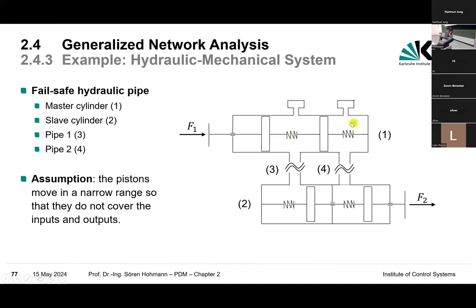On the right-hand side you have the very same. Here are reservoirs putting liquid into this cylinder structure. That's it. These two pistons are coupled via springs to the environment, but also in between the first one and the second.